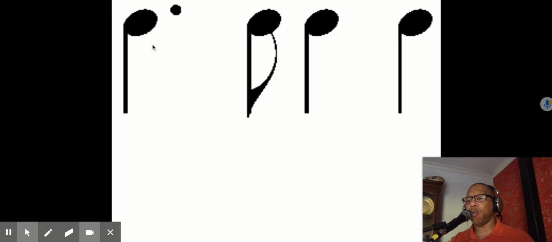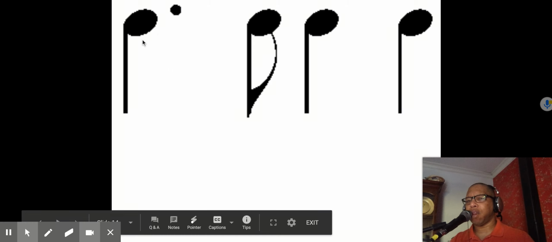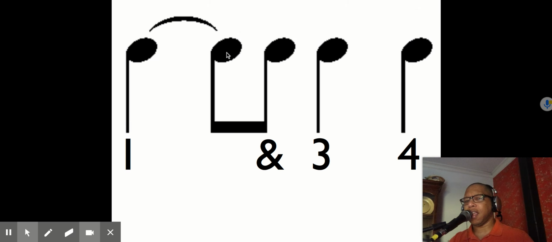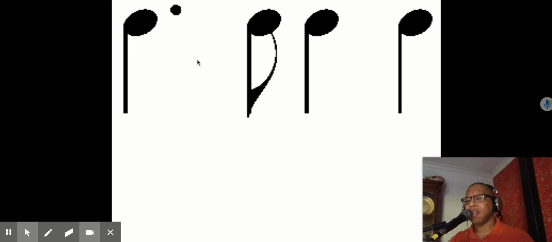A quarter note is one full beat. Half of one is a half. What note do we have that's half of a beat? An eighth note. So quarter note, one beat, eighth note, half a beat. This rhythm is the same as the dotted quarter note right here. So this is two ways of writing the same thing.